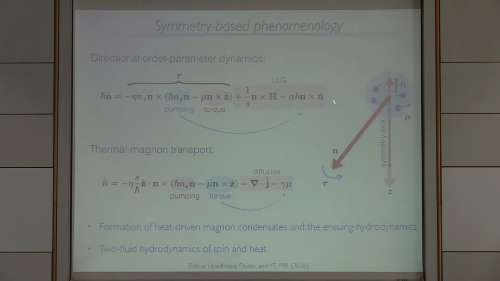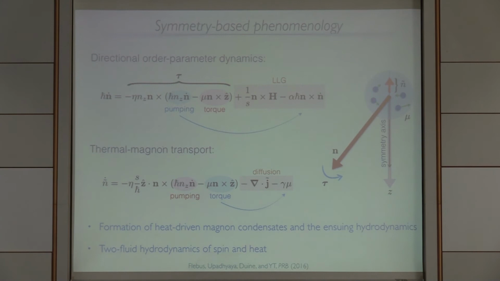In the presence of additional phenomenological damping due to magnon-phonon interaction, of course, that will raise the threshold for the instability, because then this torque will have to overcome both pumping and additional magnon-phonon relaxation.